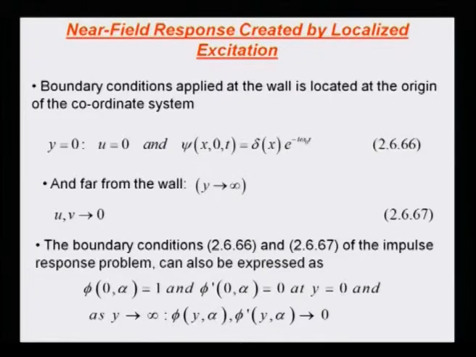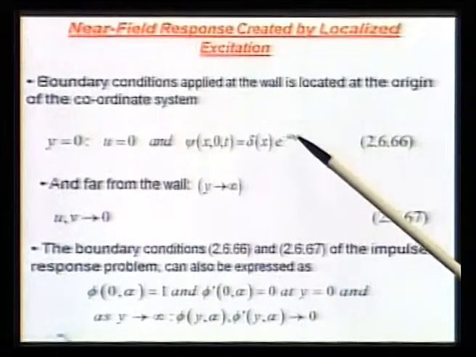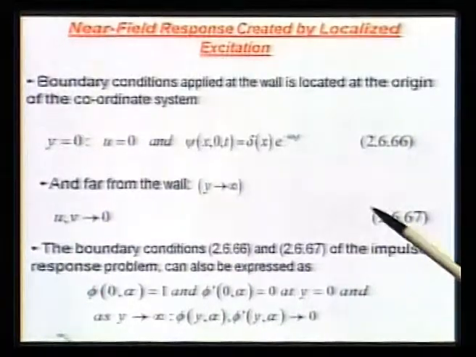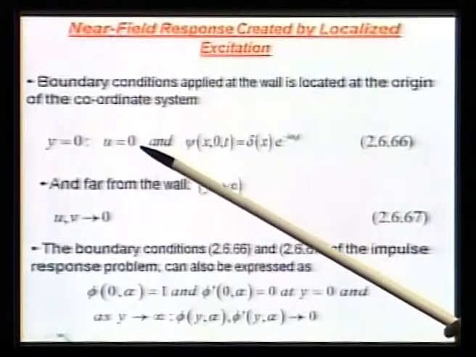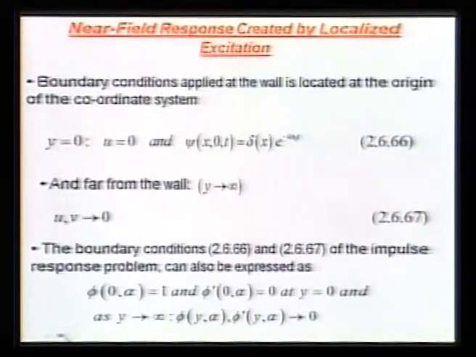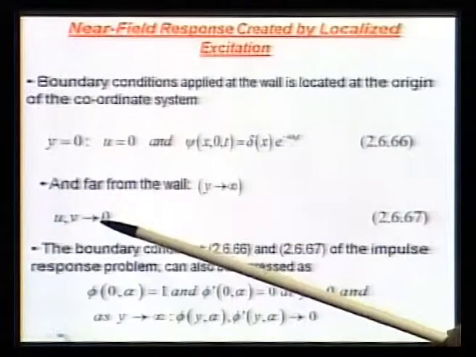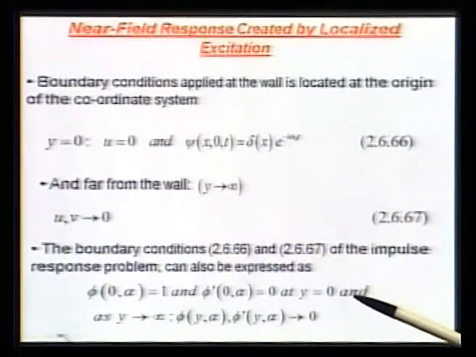Our original problem remains as it is. We have at the wall u equal to 0 and psi equal to this, and of course, far from the wall, if we go outside the shear layer, u and v go to 0.